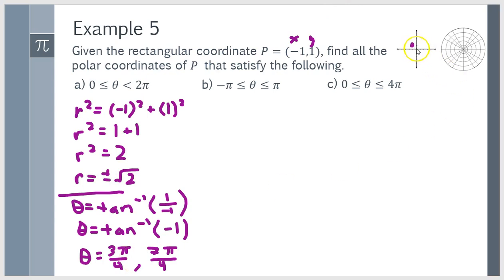Well, since I showed up here in the graph that the coordinate -1, 1 should be up in the second quadrant, one of these angles is in the second quadrant. So for part A, I should be expecting 2 different ordered pairs for my answers, and one of them will use the theta value of 3 pi over 4. The other one will be using the angle of 7 pi over 4.